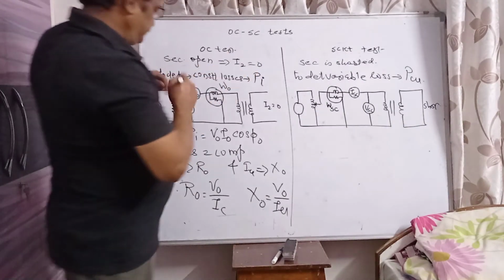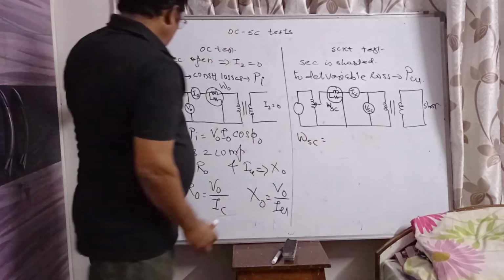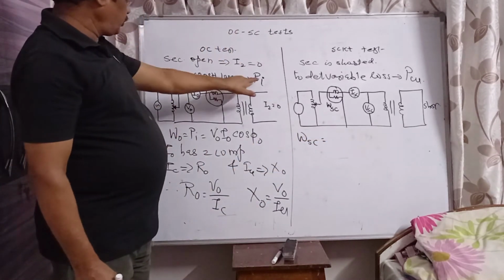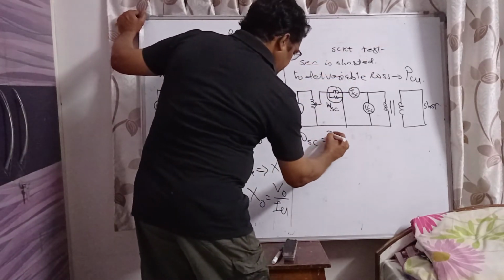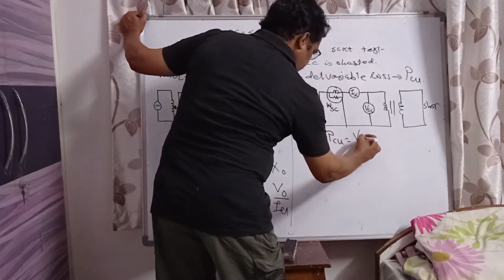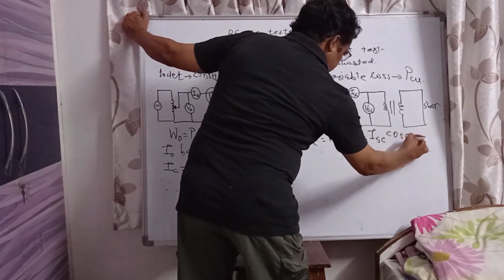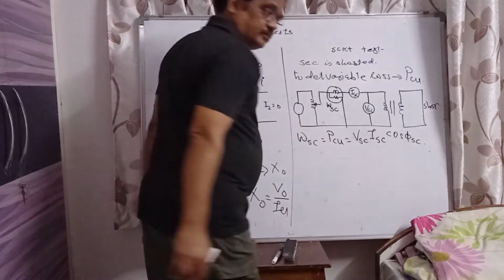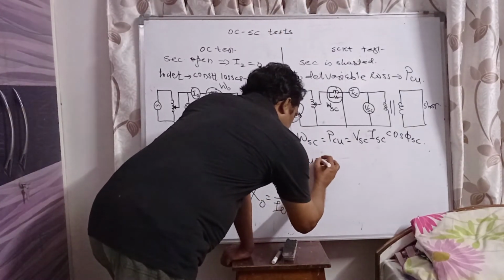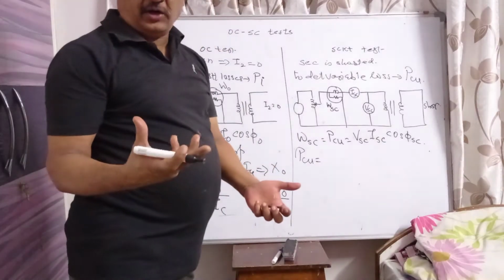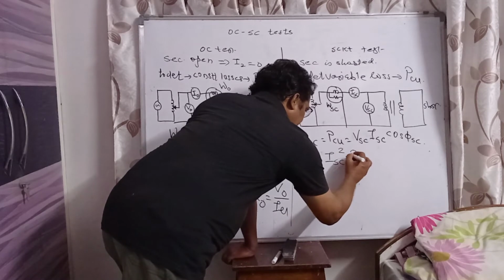Similarly, WSC is equal to PC, as I have written, just as WR naught is equal to PI. Also, I have told you, copper loss is a current dependent loss, which can be written as ISC square R equivalent.